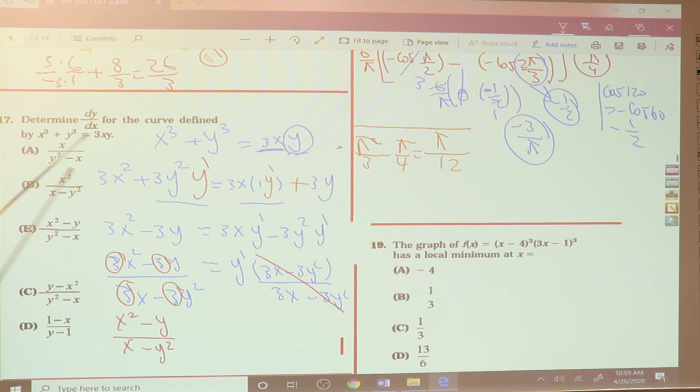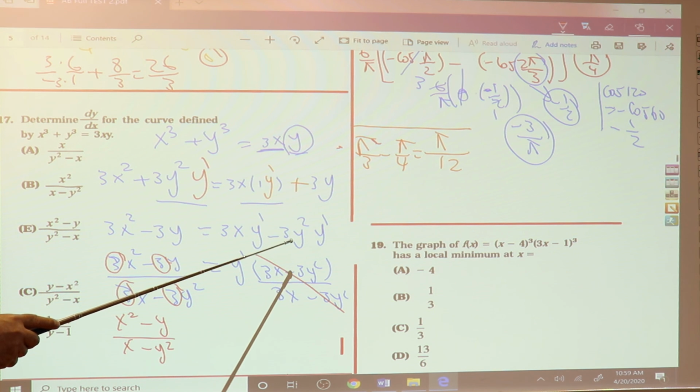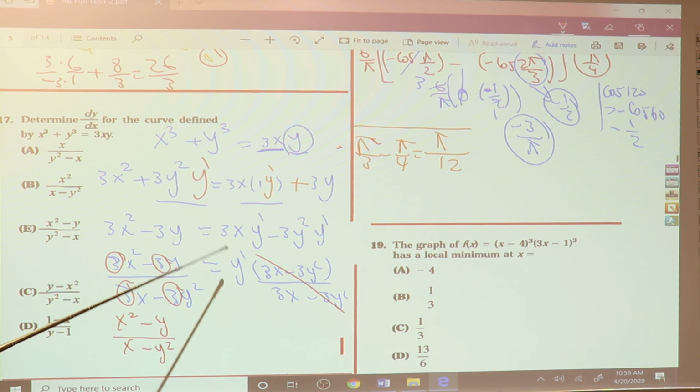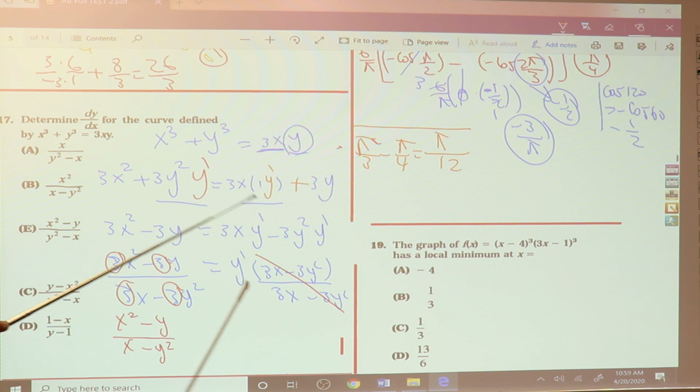Here, let us go back. See here, we moved 3x minus 3y squared, and here 3x squared minus 3y, x squared minus y over y squared minus x.